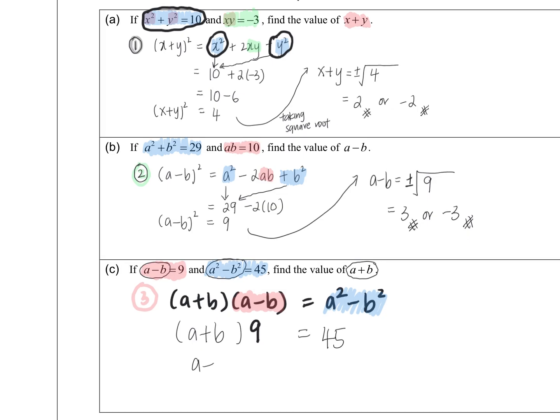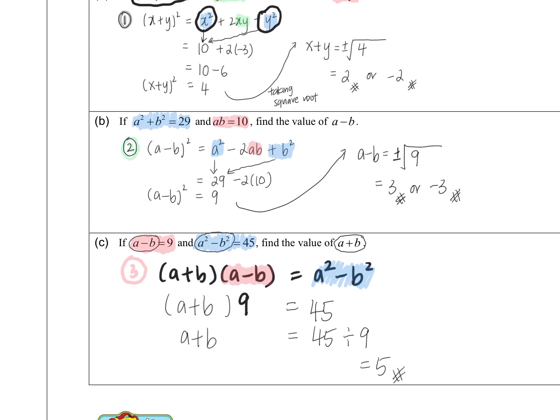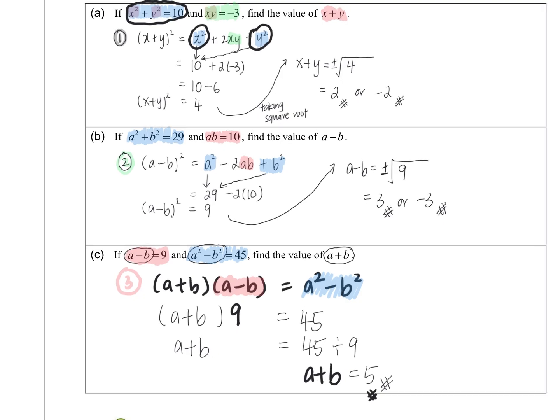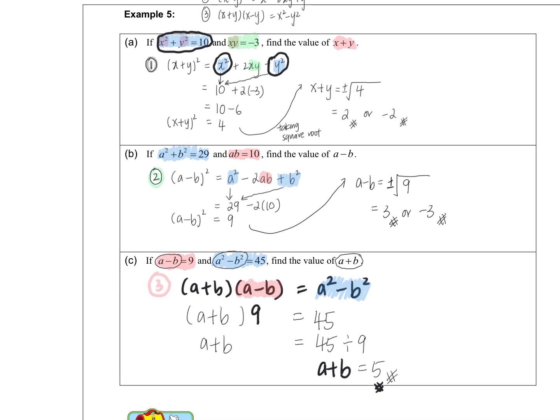Divide by 9. So the answer is just 5. So it's like filling the puzzle and then finding the unknown. So these are the 3 different special product rules I'm using.